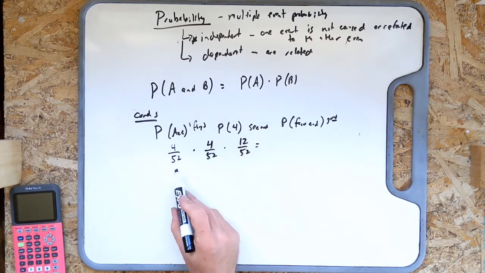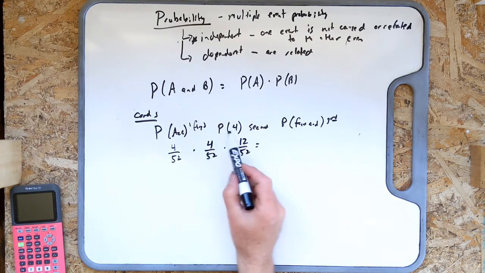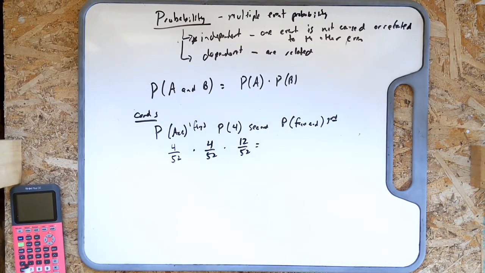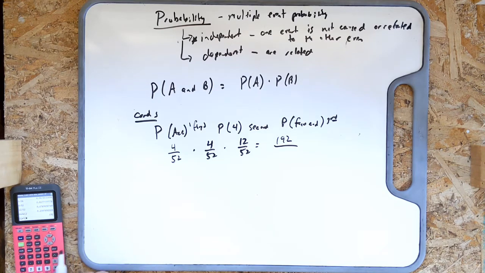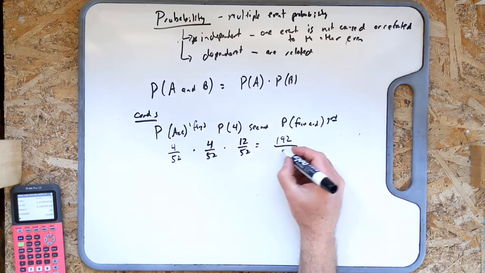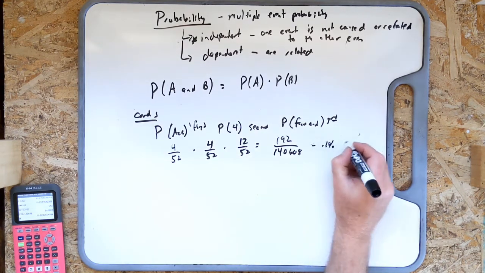And if I want to know the odds of all of this occurring, in other words, getting an ace, then a 4, then a face card, it is simply 4 times 4 times 12, which is 192, over 52 times 52 times 52, 140,608. So 192 divided by 140,608 is about 0.1%. Very, very low odds.